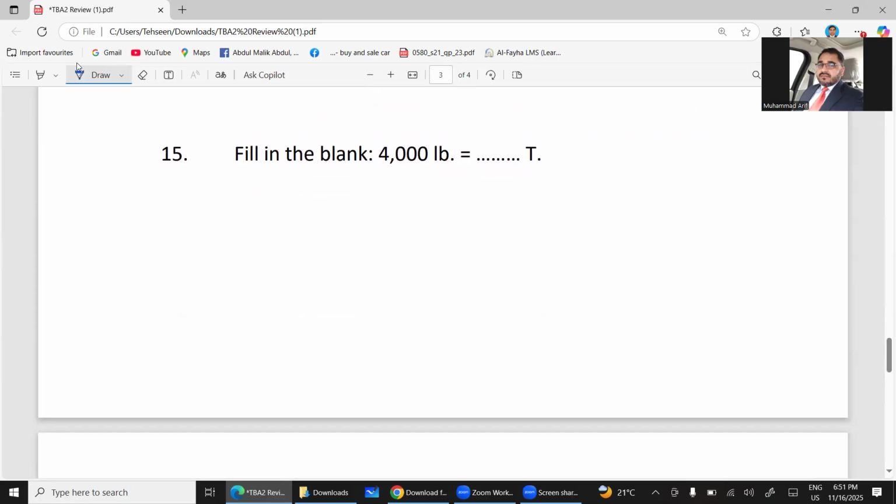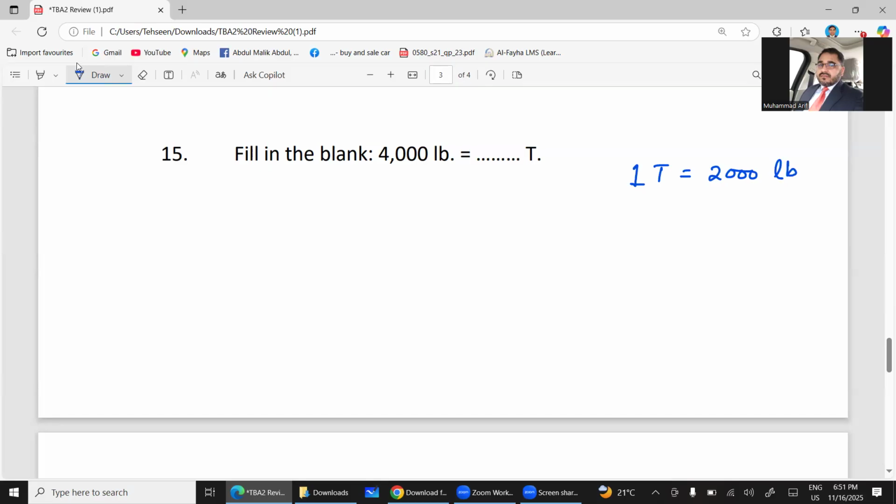Now, fill in the blank. 4,000 lb, this is pounds, okay? How many T is for ton? Meaning in 4,000 pounds, how many tons? You know, 1 ton is equal to 2,000 pounds.